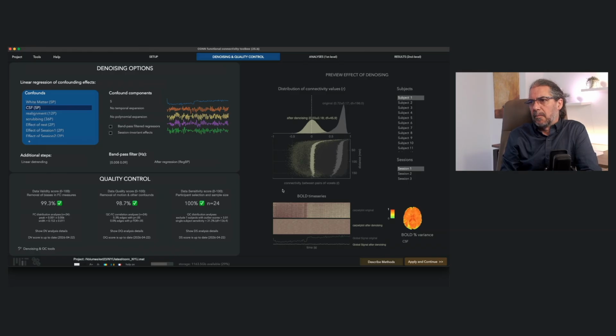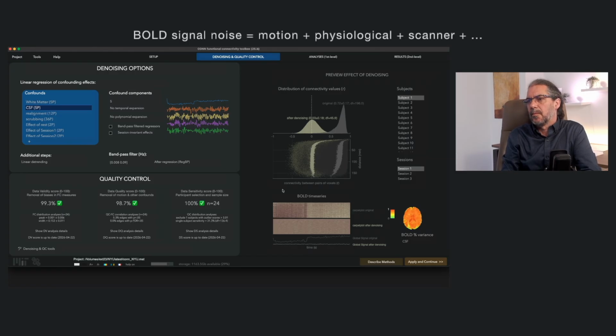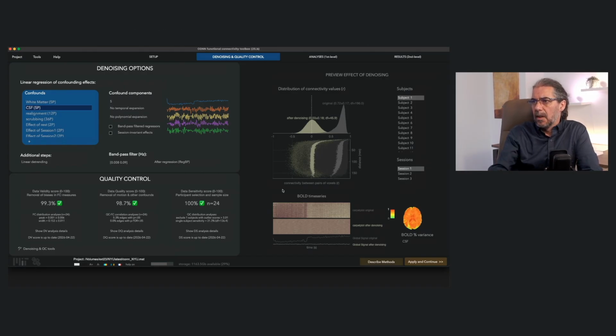And these will be fluctuations that are related to things like residual subject motion within the scanner, but also to physiological effects such as respiratory, cardiac, or vascular effects, and also sometimes even machine effects, things that change in the scanner itself across time. And these artifactual effects can be very large, often orders of magnitude larger than the effects of interest. For example, you can see them in these carpet plots.